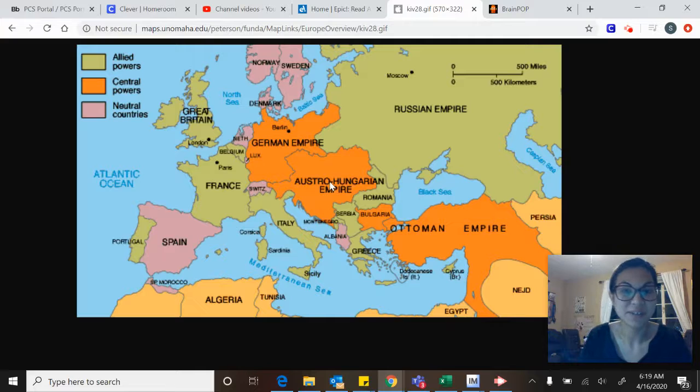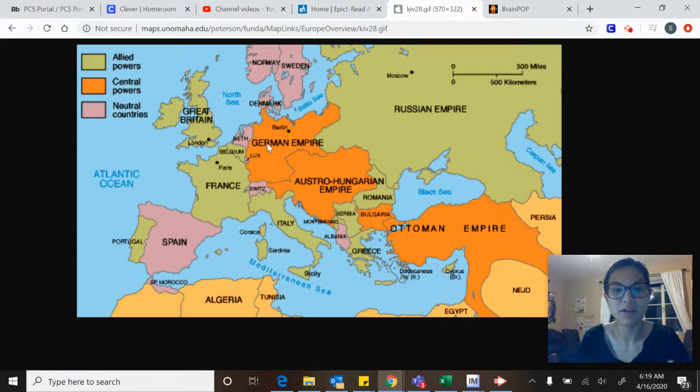So their buddies included, for example, for Austria-Hungary, the German Empire. So by default, because the Austro-Hungarian Empire was having conflict, Germany was going to back them up. They were going to help them out. So that's initially how the war started.